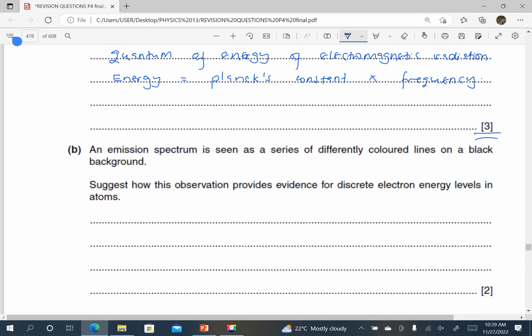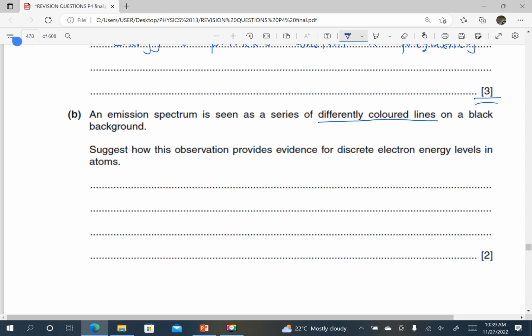An emission spectrum is seen as a series of differently colored lines on a black background. Suggest how this observation provides evidence for discrete electron energy levels in atoms. Of course, electrons occupy specific energy levels. The different colored lines mean each colored line represents a specific wavelength or frequency.